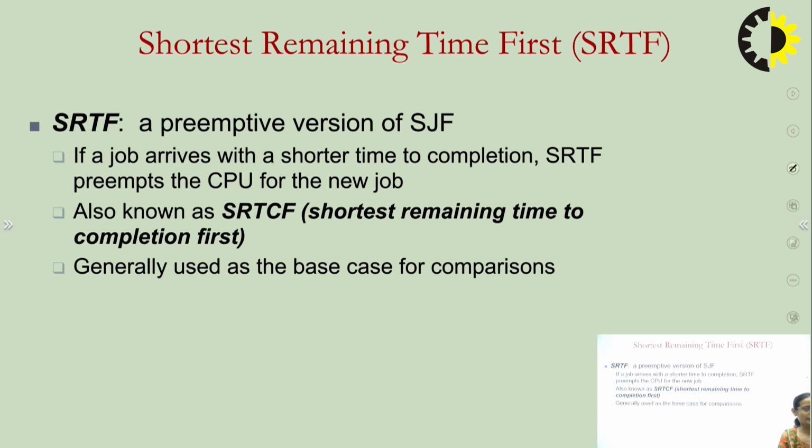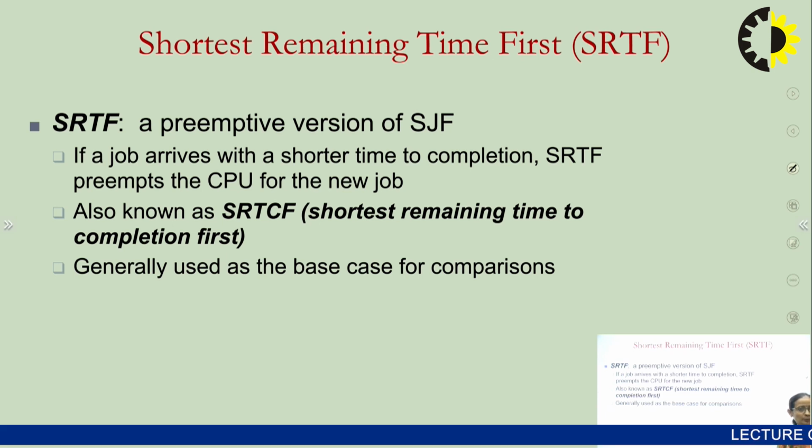If a job arrives with a shorter time to completion, then SRTF preempts the CPU for the new job. It is also known as SRTCF, shortest remaining time to completion first, and it is generally used as a base for comparison. Why are SJF and SRTF used for comparison?